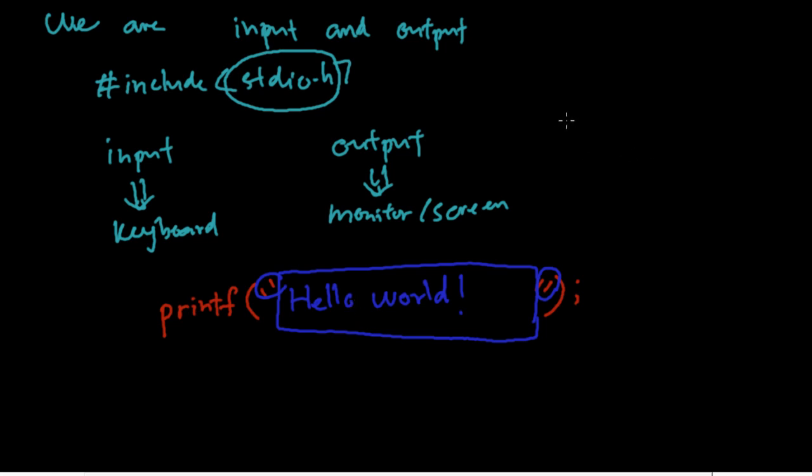Let's say I have a screen here, this is my monitor. First line up here, it will say hello world. This is how it will execute. So how about getting stuff from the user? Scanf. Well, I'll talk more about that.